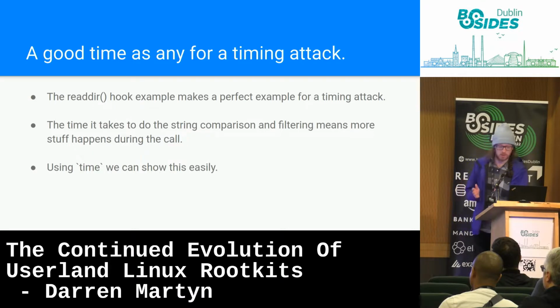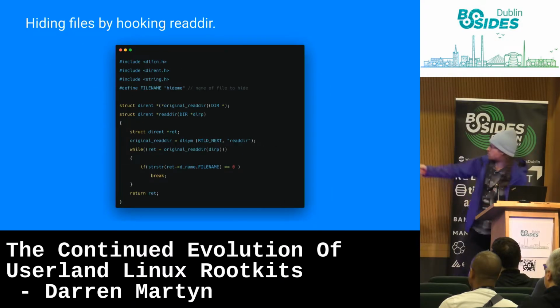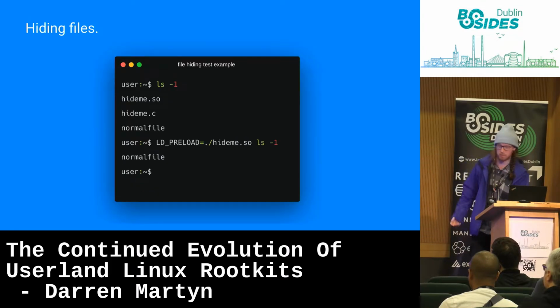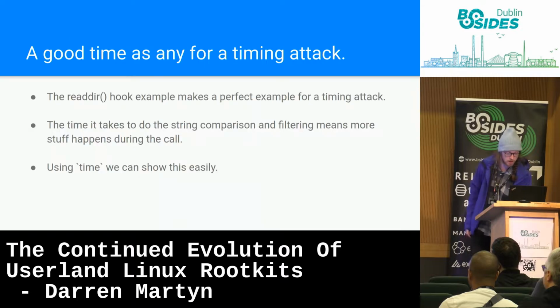And this is actually a great time to show one of the timing attacks I found that allows you to detect these rootkits. One of the interesting things is, because you're doing all that string comparison in the middle of your rootkit, you absolutely murder performance. Every time readdir is called, performance takes a hit because you have to go off and check string comparisons, which is computationally quite expensive.